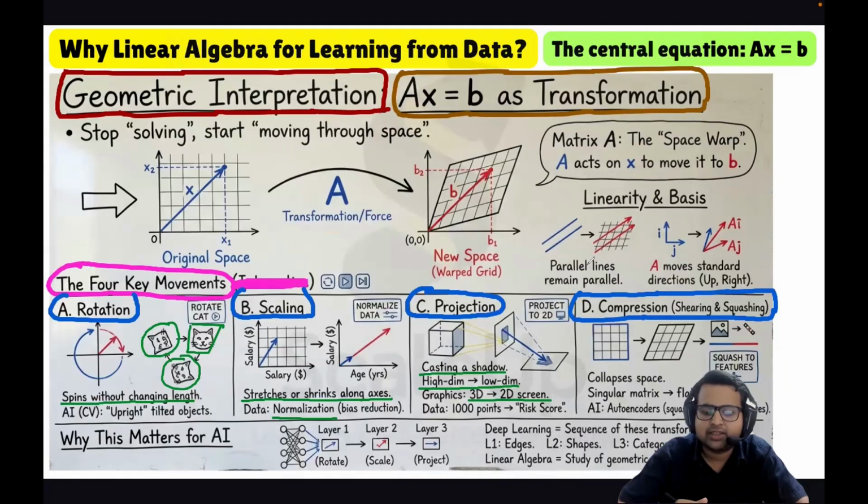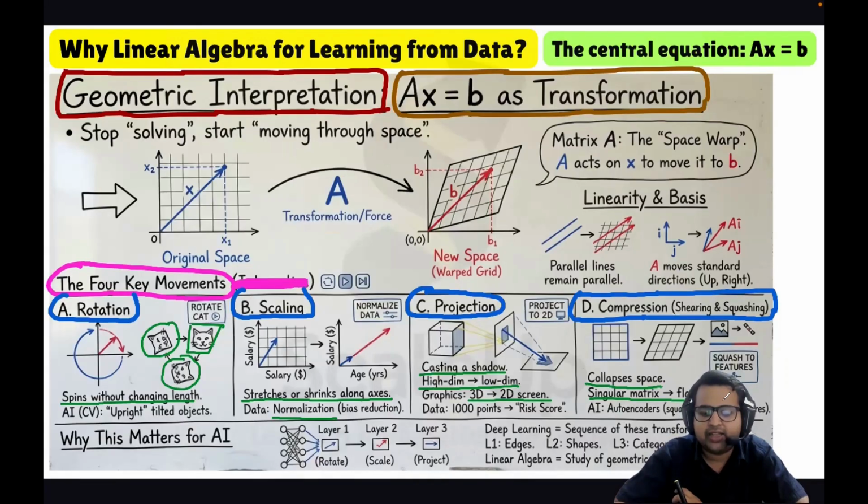Then it squashes the entire space into a flat line or a single point. So in compression, the transformation matrix will compress the space of the input vector. It will squash the input vector either into a flat line or a single point.